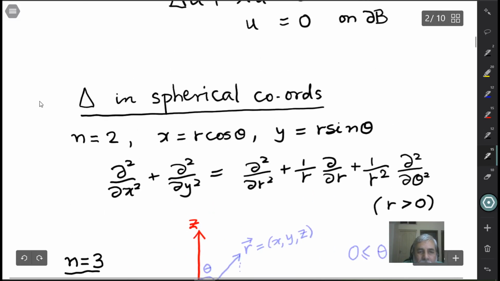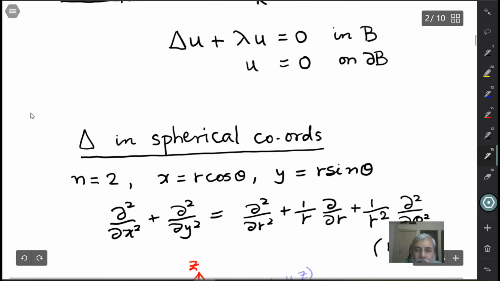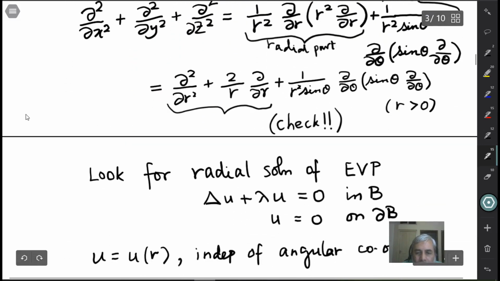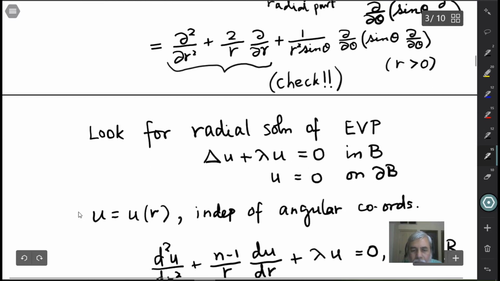So with this brief discussion of the Laplacian in spherical coordinates, let's go back to the eigenvalue problem. Okay, again let me state that. Laplacian u plus lambda u equal to 0 in the ball and u equal to 0 on the boundary of the ball.